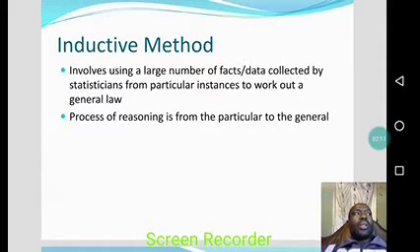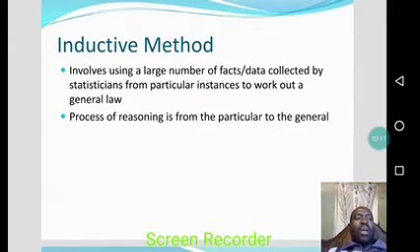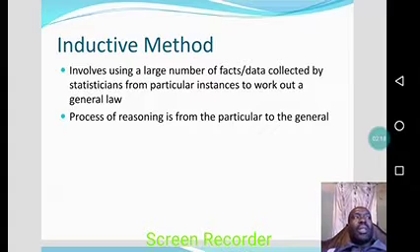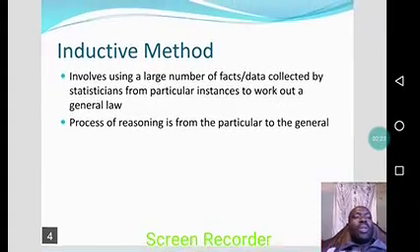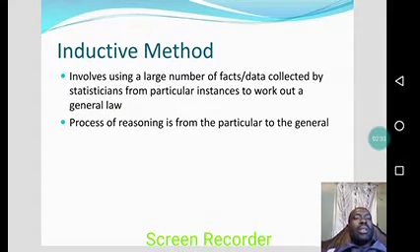So here you study several specific instances, and then you look at the underlying pattern and you come up with a conclusion, or you come up with a general theory that explains the relations in different individual circumstances. And this is deemed to apply under all circumstances, okay, as you do your studies or your research under the inductive method.